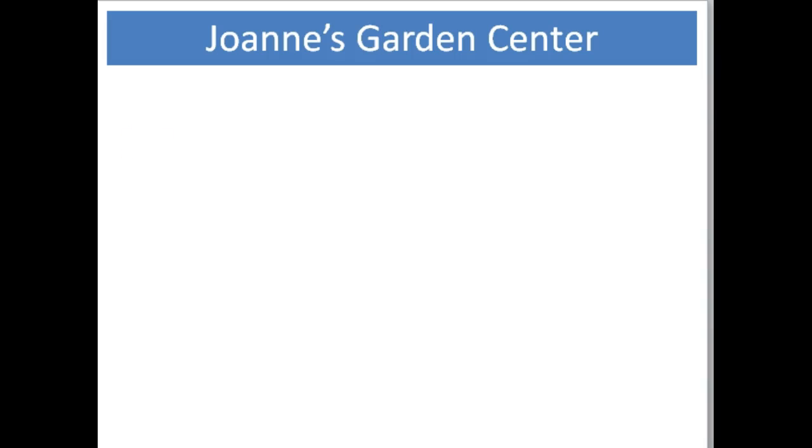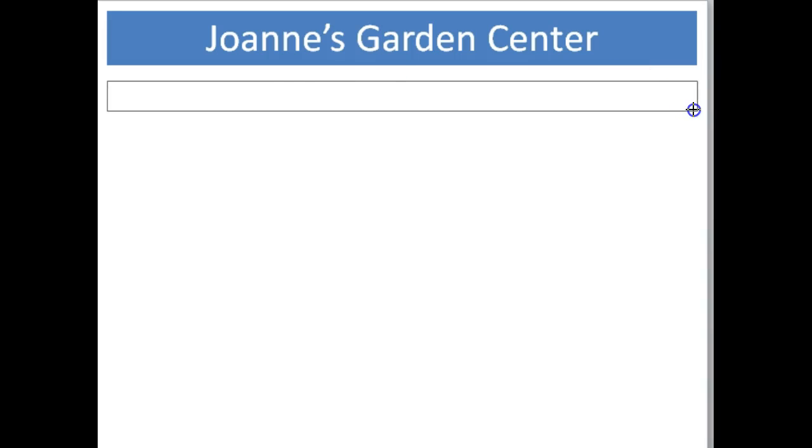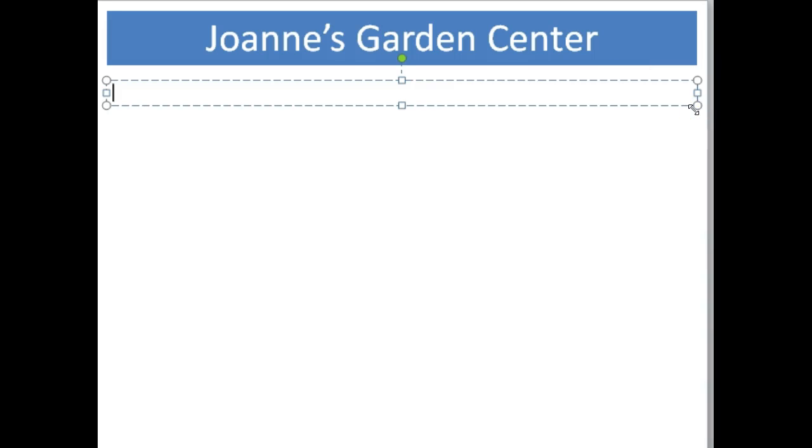The next thing I want to do is add my little toolbar across the top. So I'm going to do the exact same thing, and I'm going to make it easy on myself. I'm just going to make another little box like this, and now I'm going to type in whatever I want my links to be.